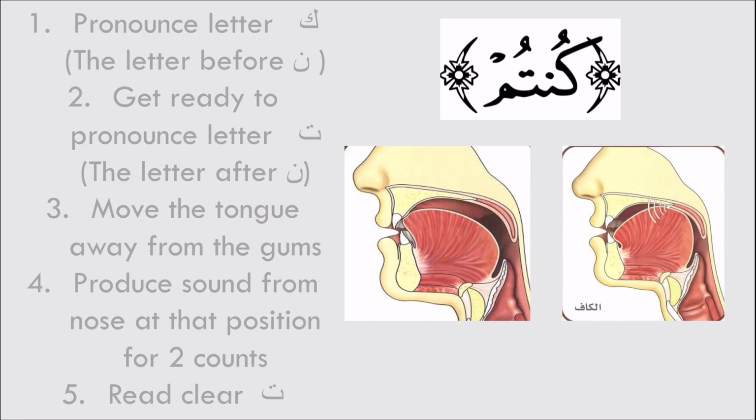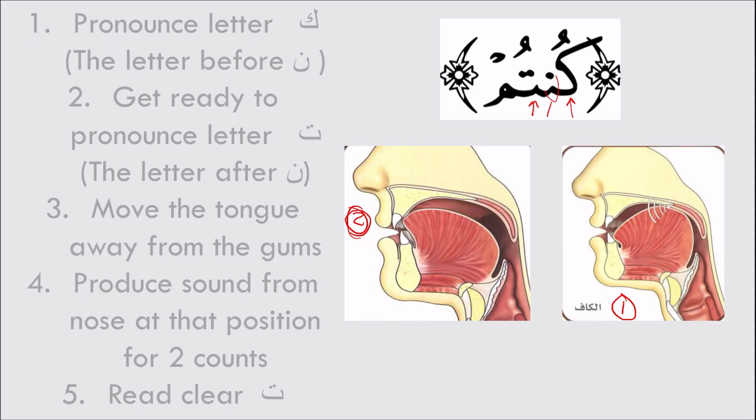First, if we have the Noon and Ta in the same word, we have Kaf, Noon, Ta. These are the three elements we need to look at when we do Ikhfaa. Number one, Kaf, then the Noon where we have Ikhfaa, and then the letter Ta. As I am reading, Kut, Kut, like this.